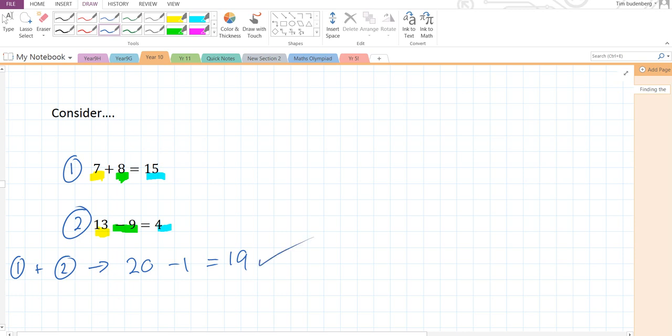We can take two equations together and add the left-hand sides together, add the right-hand sides together, and what we get is a third equation that is perfect. It's completely allowed.